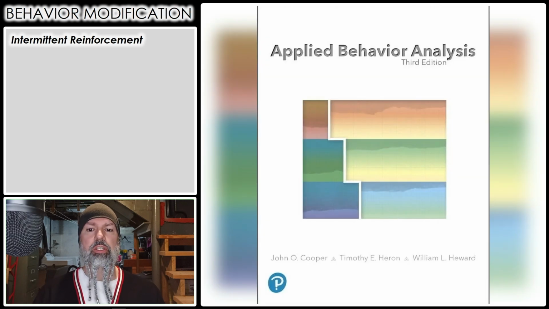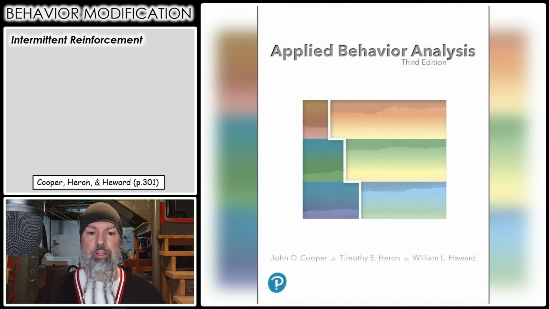All right, so today we're going to be looking at intermittent reinforcement. And we mentioned this a few times in previous videos, but today we're going to do our deep dive into a couple of aspects of intermittent reinforcement. So we're going to start with a basic working definition of it. And for this, we're going to go back to the Applied Behavior Analysis, third edition book by Cooper, Heron, and Heward.